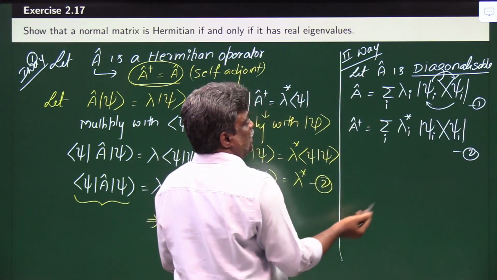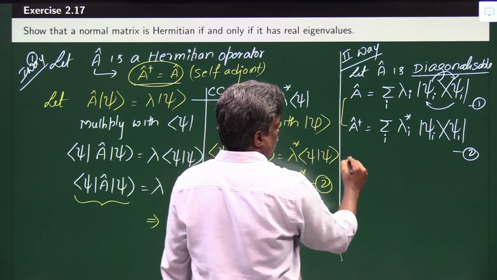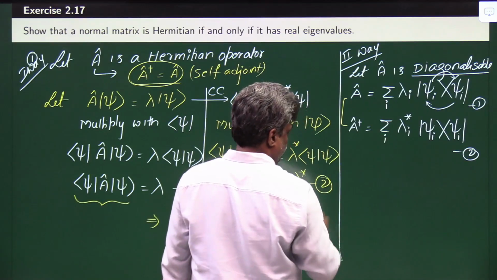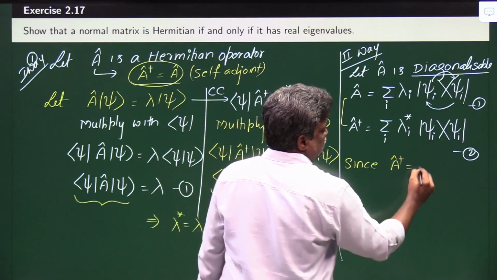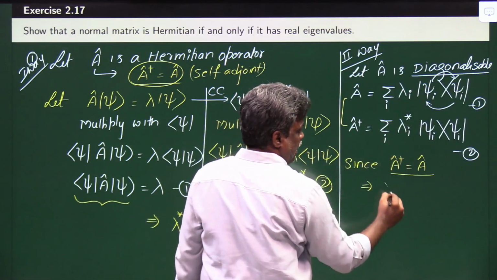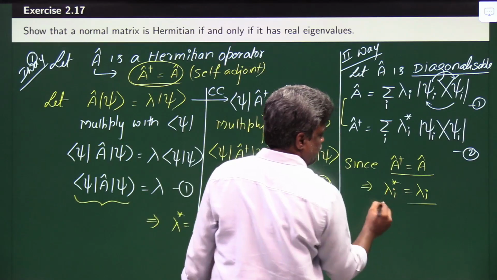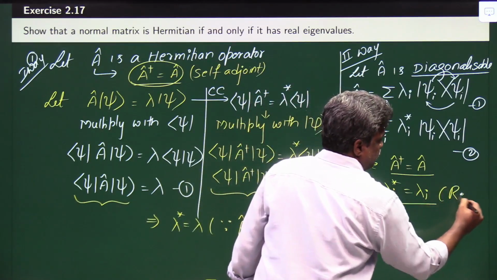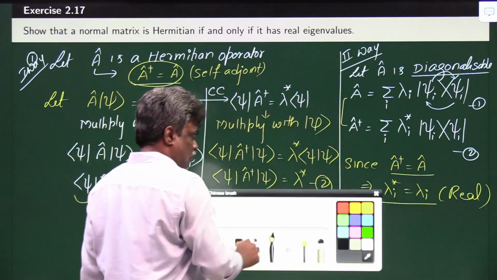No need to do any mathematics here. These two are equal, since A is Hermitian, that means A dagger equal to A. So we can say lambda i star must be equal to lambda i. That means real. So eigenvalues of a Hermitian matrix are always real.